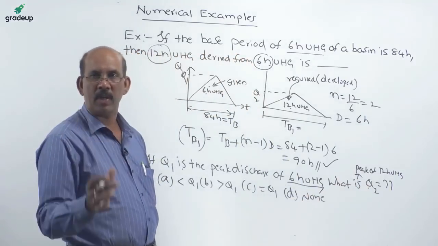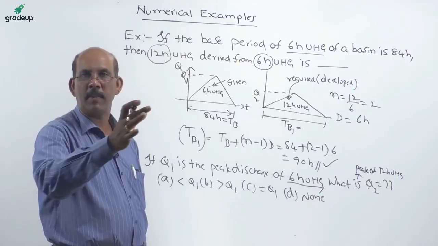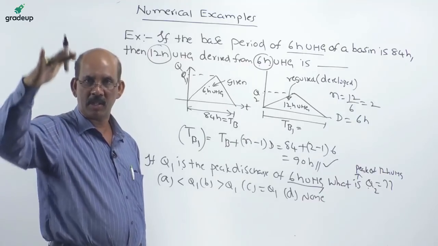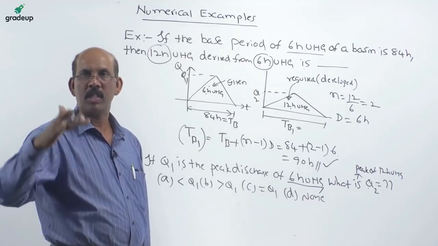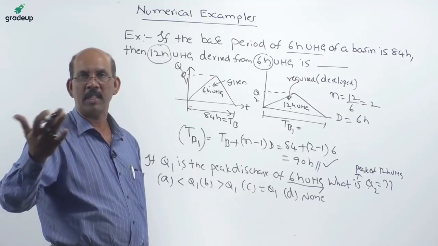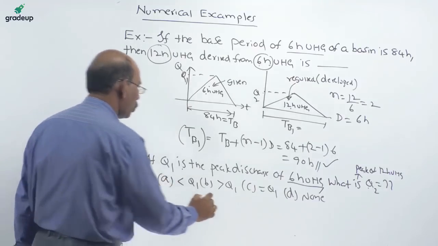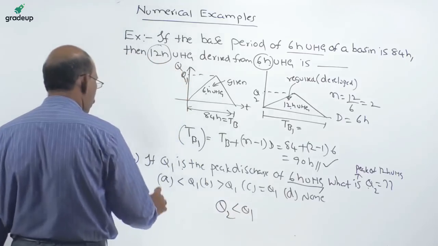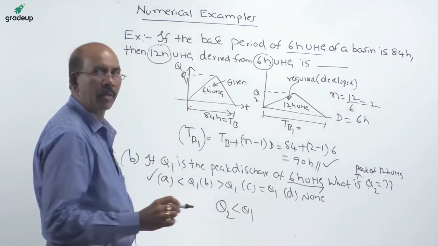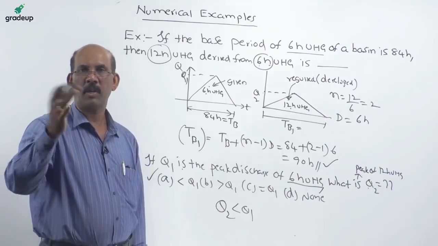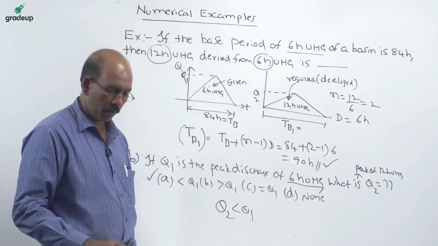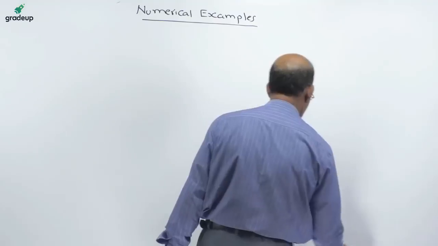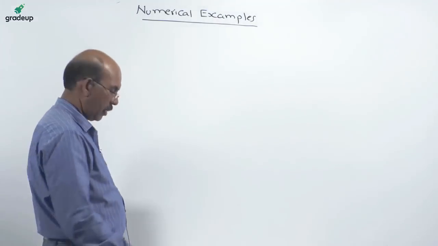As I mentioned, as the base period increases, the peak discharge decreases. So the relationship between Q2 and Q1 is that Q2 is less than Q1, therefore the answer is A. This is the logic in this particular problem. Coming to the next question.